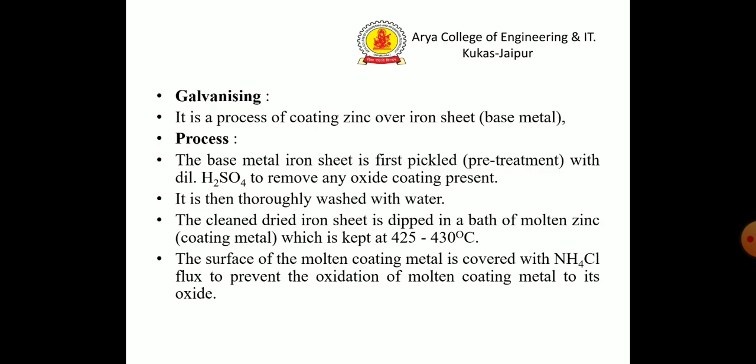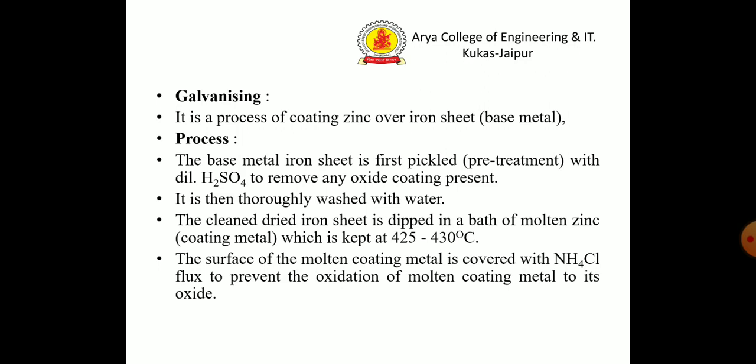The first hot dipping method is the galvanizing process. It is the process of coating zinc over iron sheet. In this process, the first step is that the base metal iron sheet is pre-treated with dilute H2SO4 to remove the oxide coating present on the metal surface.